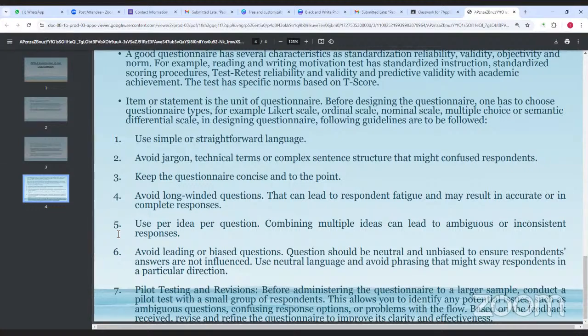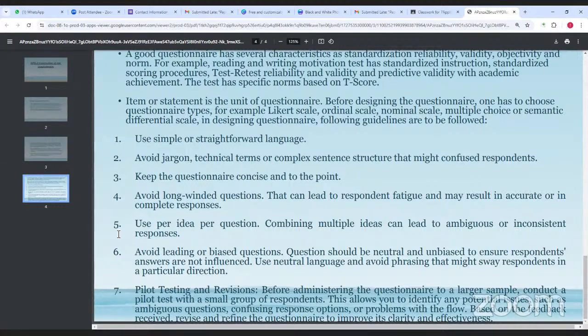Avoid leading or biased questions. Questions should be neutral and unbiased to ensure respondents' answers are not influenced. Use neutral language and avoid phrasing that might sway respondents in a particular direction.